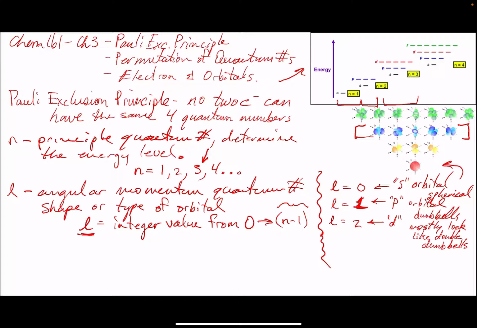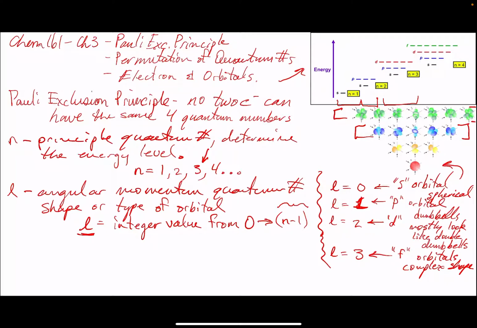And lastly, when l is equal to 3, we will label those orbitals as f orbitals. And those are even more complex in shape. And we see those up here, some of which almost look like 3 sets of dumbbells overlapping.